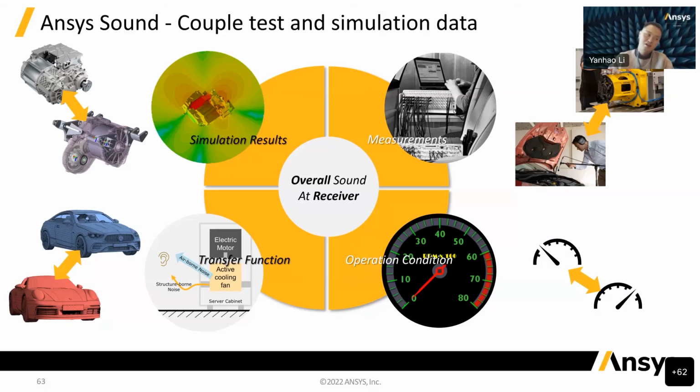You will understand how the transfer function influences the overall sound quality at receiver points. So you can consider all these factors that impact the overall sound perception. You can also analyze them separately, understand your sound, and optimize your final sound quality by changing any part of these factors in Ansys Sound. Next, please.